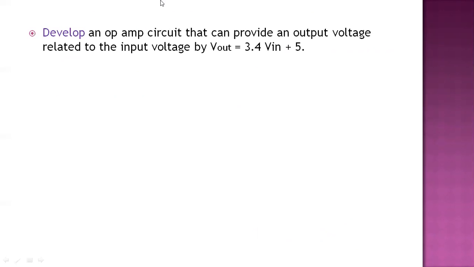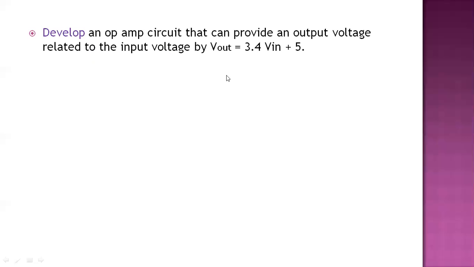Now let us develop an op amp circuit that can provide an output voltage related to the input voltage by V out equal to 3.4 V in plus 5 volts. So what is to be done to design this circuit? There are many ways to do this.